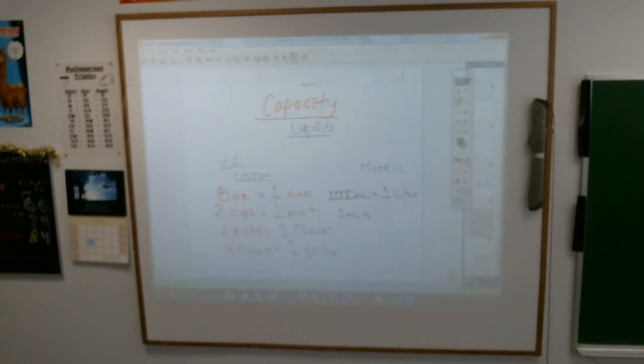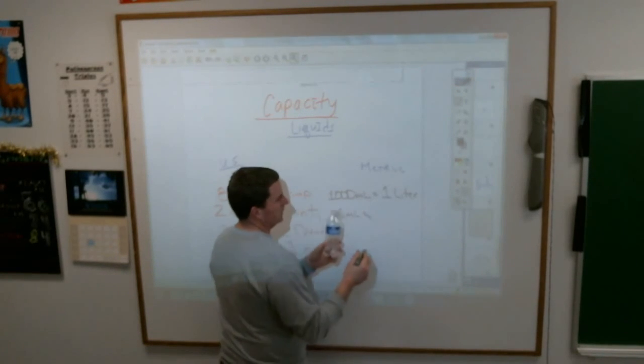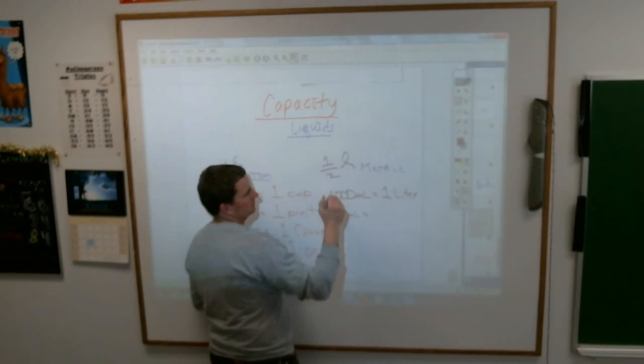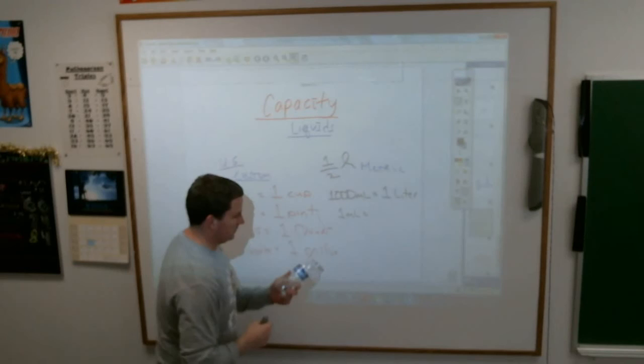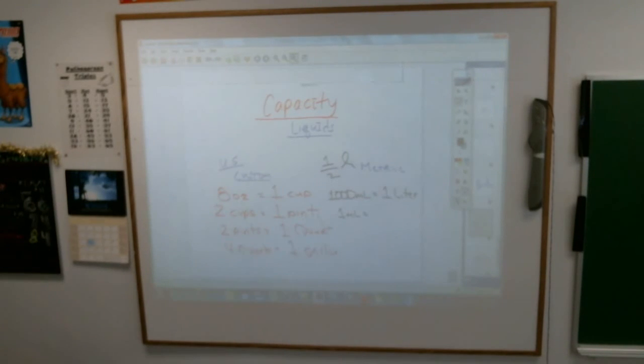Yep, this is 500 milliliters, which means it's the same as half of a liter. This can is 1/2 of a liter. Usually abbreviate with the L there. 16.9 ounces, half of a liter.